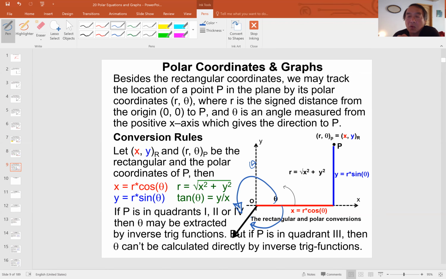Suppose a point P is in the third quadrant. Then it's a little more difficult to recover the angle theta, because you cannot directly use the inverse trig functions.